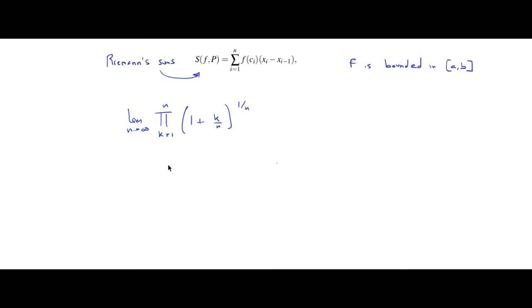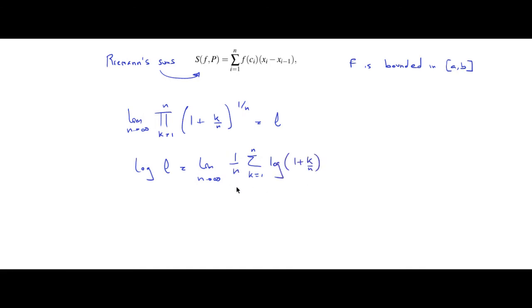In order to get this, we call this L and compute the logarithm of L, which is the limit as n goes to infinity of 1 over n times the logarithm of the product, which equals the sum from k equals 1 to n of the logarithm of 1 plus k over n.